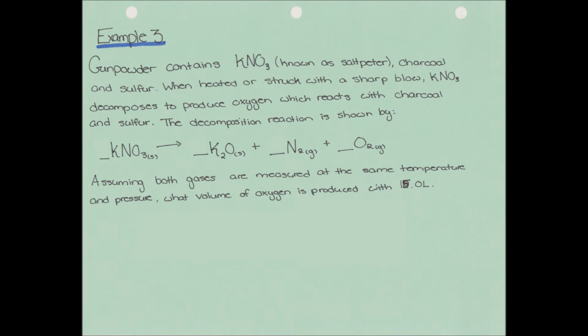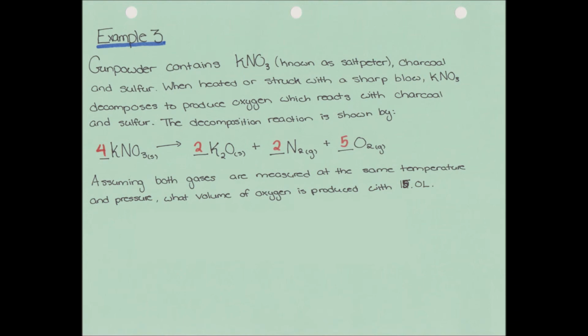So first we would balance the equation. We have 4 KNO3 solid broken down into 2 K2O solid plus 2 N2 plus 5 O2. Okay, so we've balanced the equation. Now we figure out how to find the volume of oxygen which is produced with 15.0 liters of nitrogen.